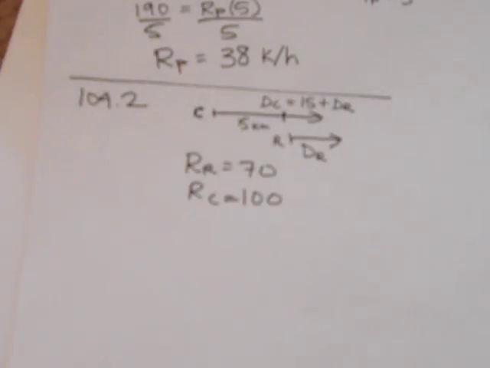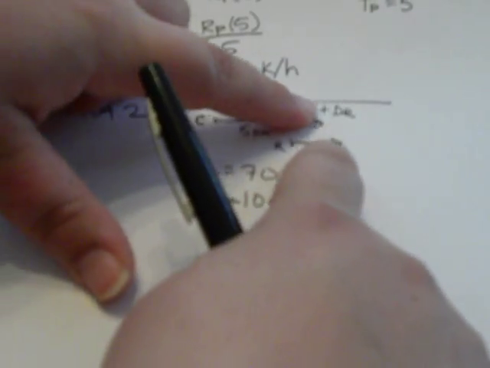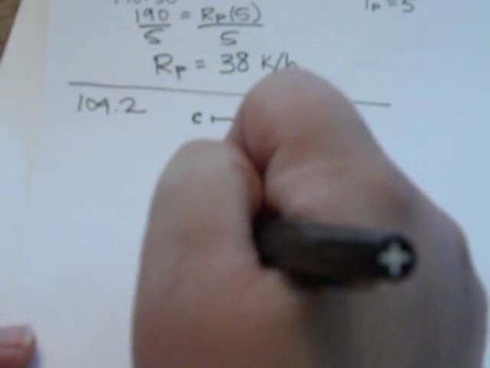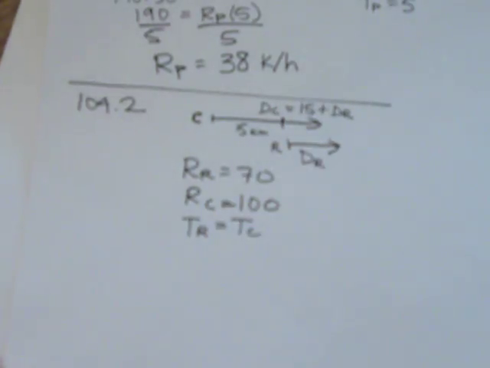Since they're starting at the same time and they end when one of them catches up with the other, the time is actually the same for both. So the time of Rachel is equal to the time of Charlene. That's all the information we need.